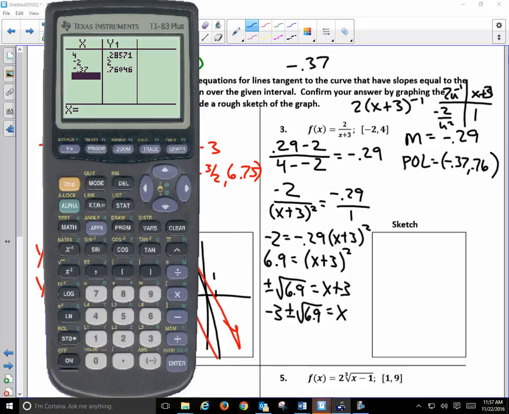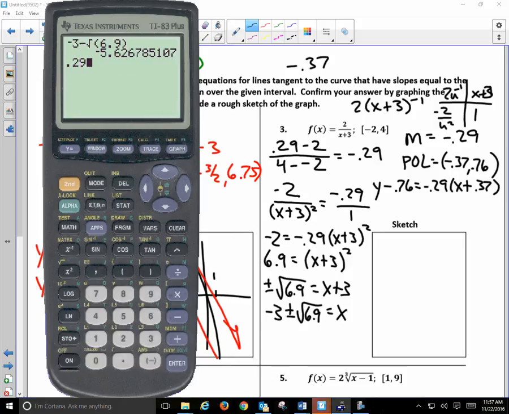There we have it. So y minus 0.76 is equal to -0.29 times x plus 0.37. Oh, I had a negative in there I missed. Try it again. -0.29 times 0.37 plus 0.76.